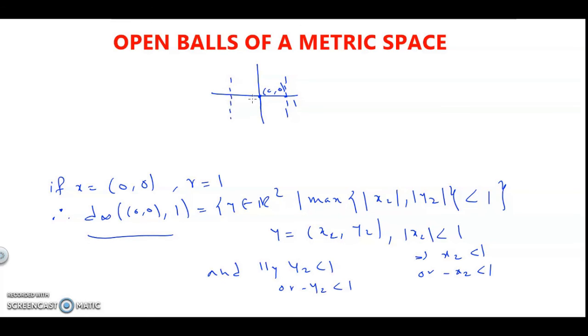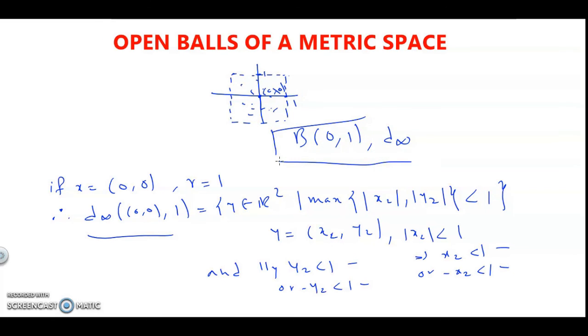Minus x2 is less than 1, these two equations I have drawn. And y2 is less than 1 and minus y2 is less than 1, suppose this much is 1, these two equations. Now all these points come under B(0, 1), with which metric? With the D infinity metric.